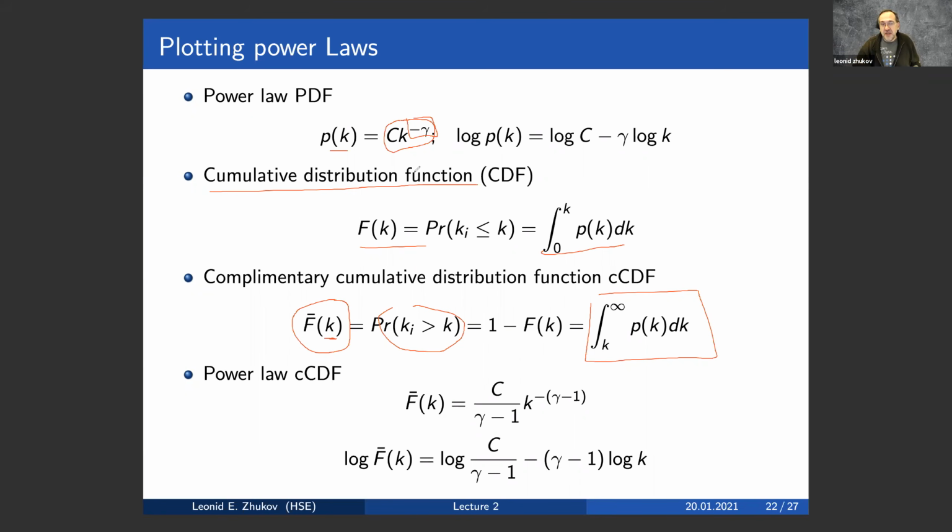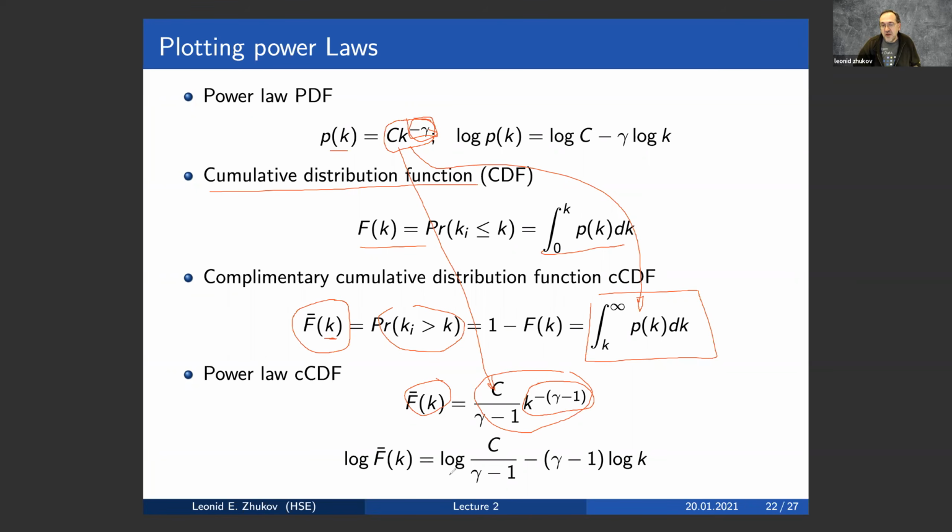Well, look, if I take this distribution and plug it in here and take the integral, you realize that you get pretty much the same shape of distribution, right? Well, the constant, who cares? But here you get k to the power minus gamma minus 1, and here it's k to the power minus gamma.